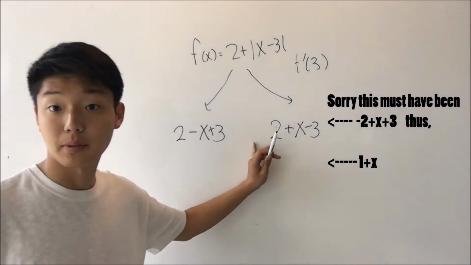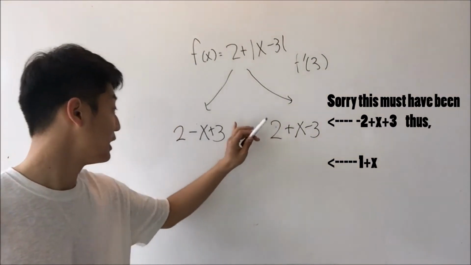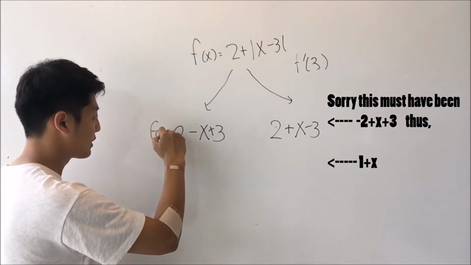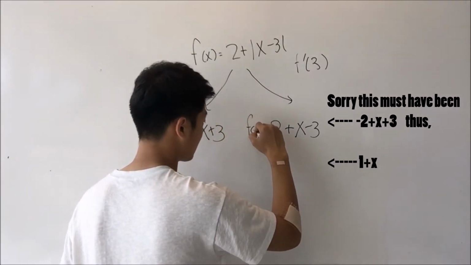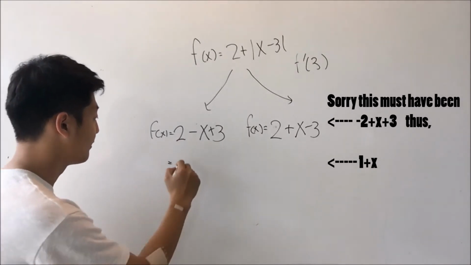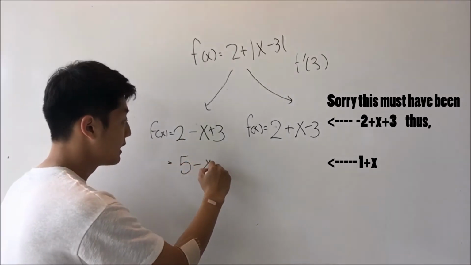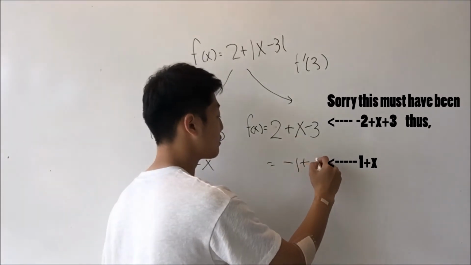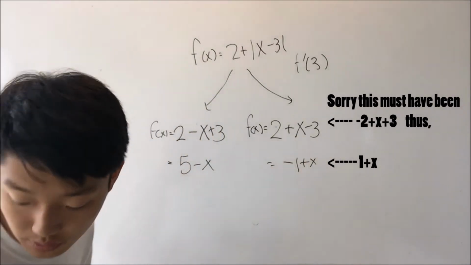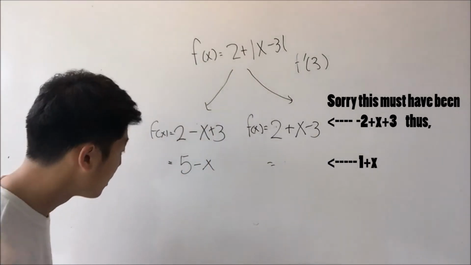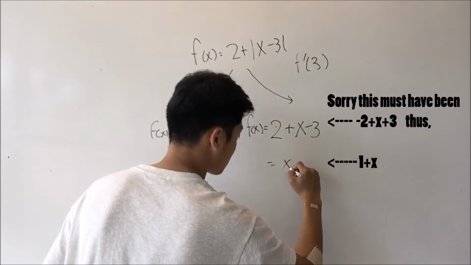So we learned this in algebra 1, I think, algebra 2 or algebra 1. So this now, and simplify this, so I'll just write f of x equals 5 minus x, and x minus 1.